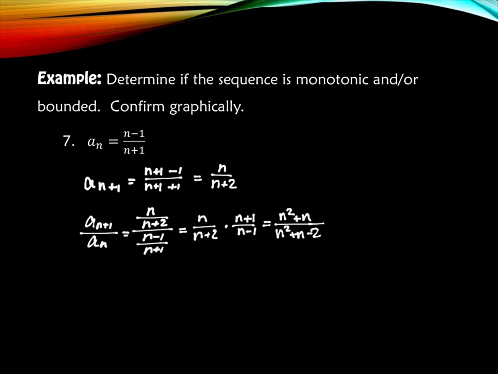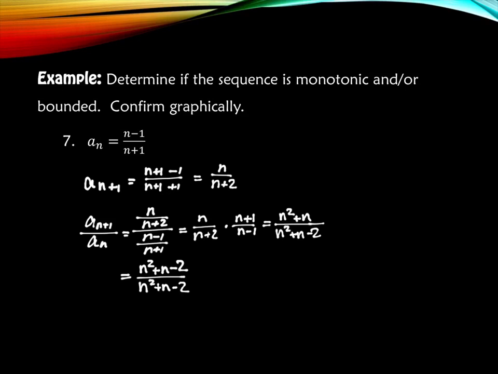Okay, so that's the first trick, just writing this ratio, which we haven't established why we did it just yet, but we will. The next thing is that we're going to do kind of a funny thing, and we're going to use kind of a partial fraction representation. So I'm going to take my n squared plus n, and I'm going to subtract 2 from it so that it matches the denominator.